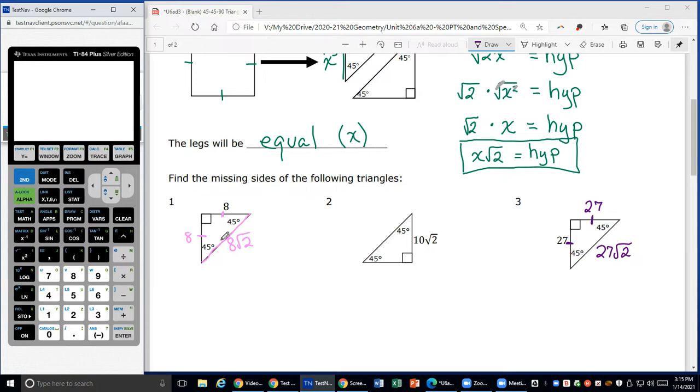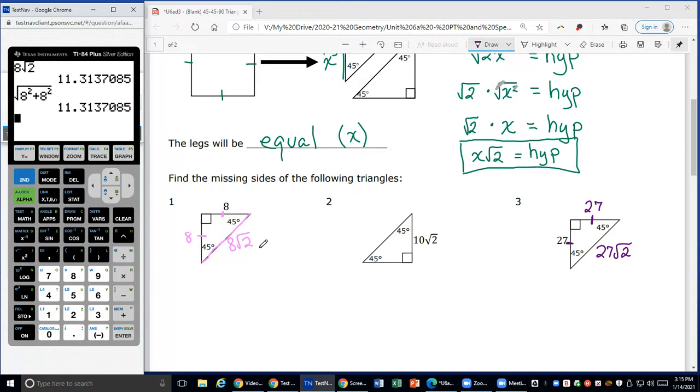Okay, and so now if I wanted to, I could figure out what this 8 square roots of 2 is by doing 8 and then hitting second square root of 2. And I could see that it's 11.3137085, which if I did this as the square root of my leg squared plus my leg squared, you'll see you get the same exact answer either way.